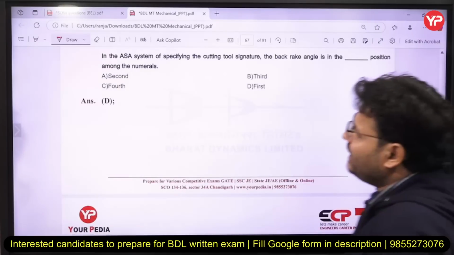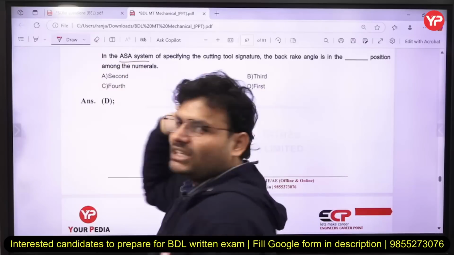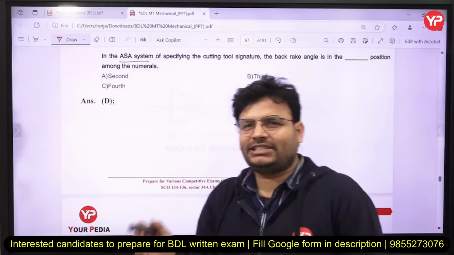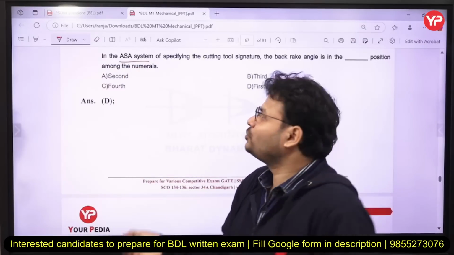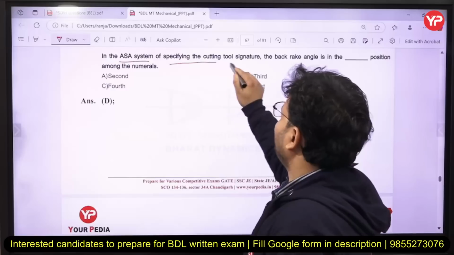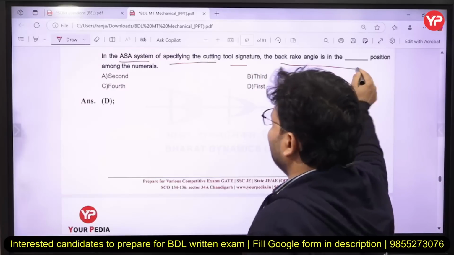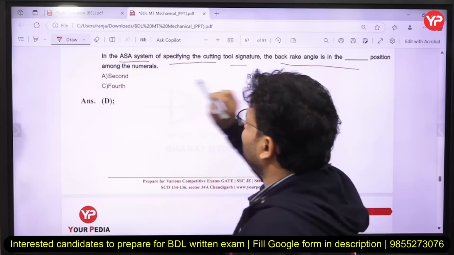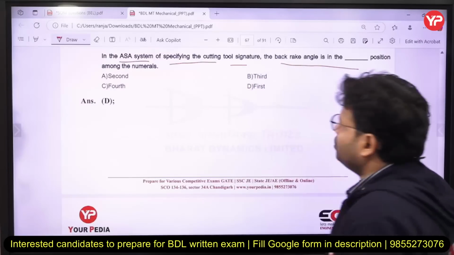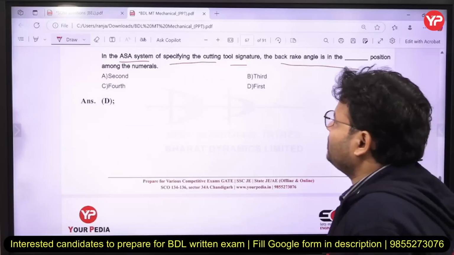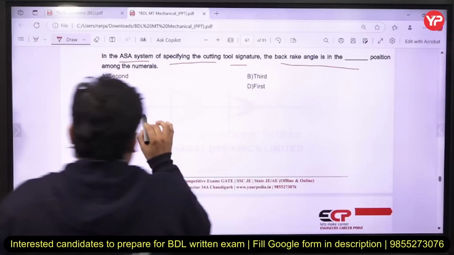Next, ASA stands for American Standard Association. ASA stands for American Standard Association. In specifying cutting tool signature, the back rake angle is at which position among the numbers second, third, fourth and fifth? My dear friends, what is their position?